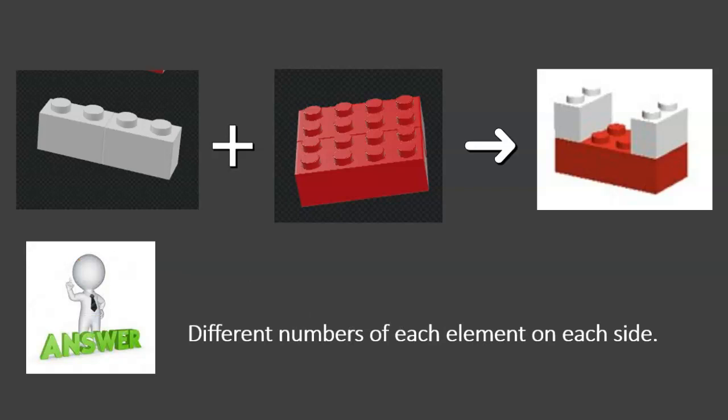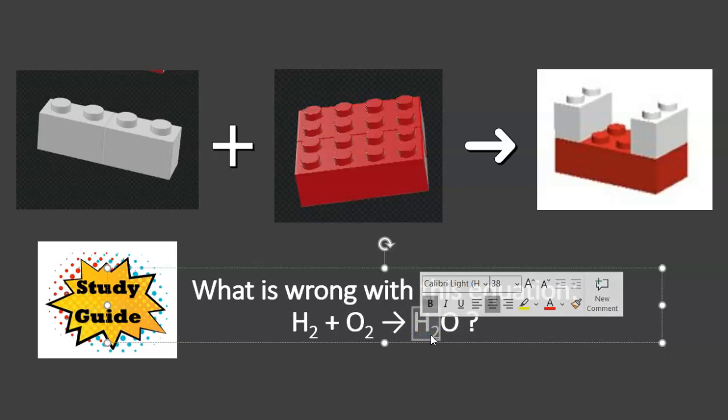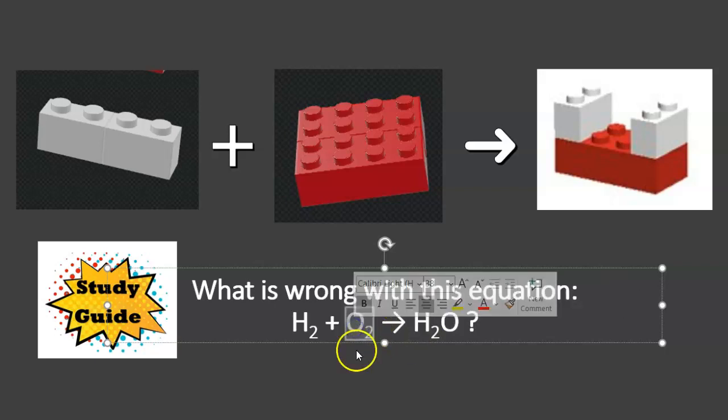Hopefully you paused the video and came up with the answer. There seemed to be a different number of each element on each side. So let's go back and take a look at that. There are 2 hydrogens on this side, and there are 2 over here on the product side. However, what do you notice? There's 2 going into the chemical reaction over here on the reactant side of oxygen, but how many are over here on the product side?